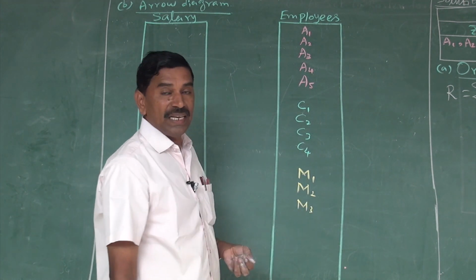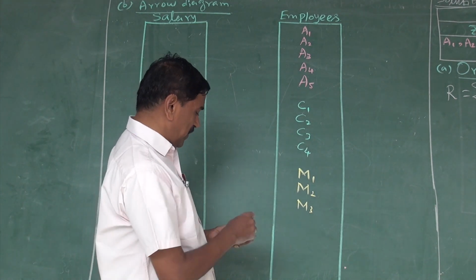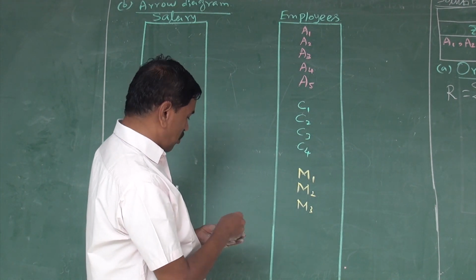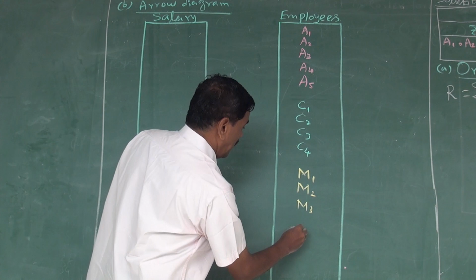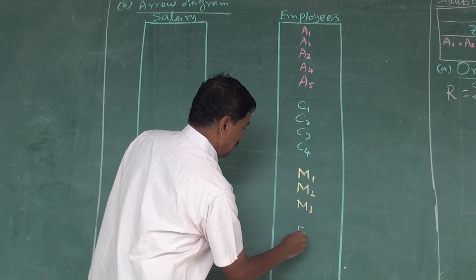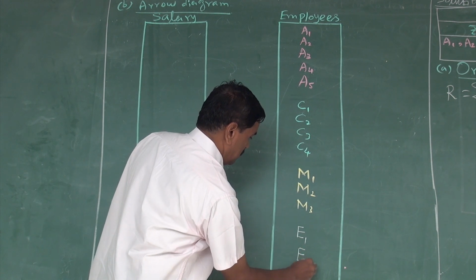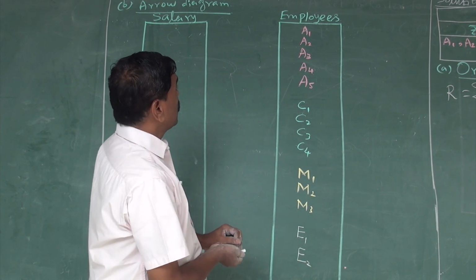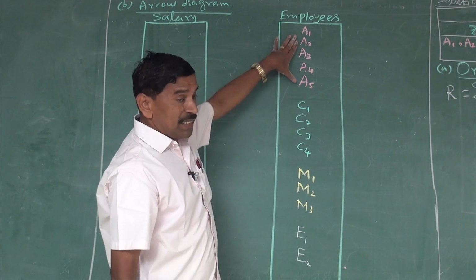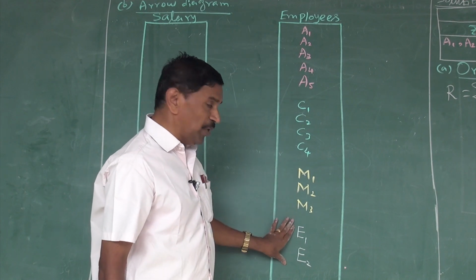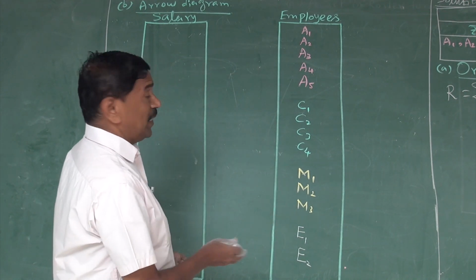Next, what is the next category? Yes, executive officers. How many executive officers are there? 2. They are E1 and E2. So for employees, there are 5 assistants, 4 clerks, 3 managers, 2 executive officers, which we completed.